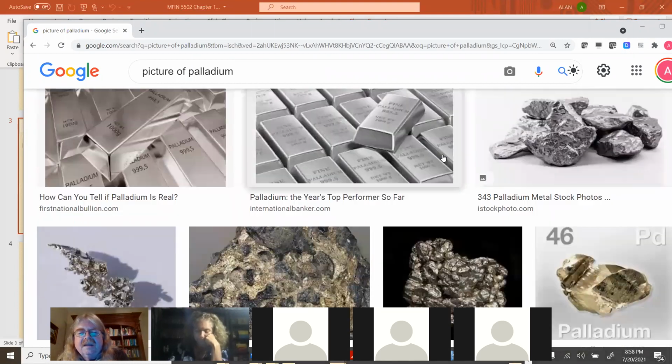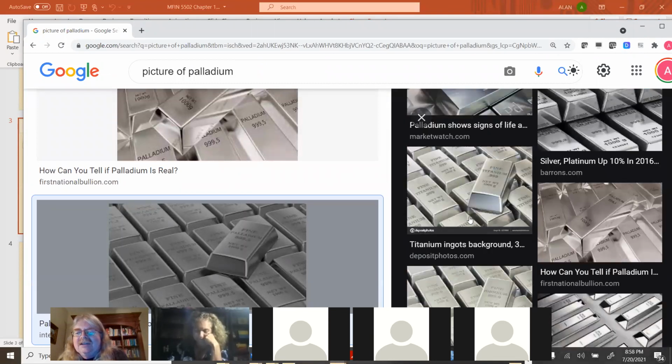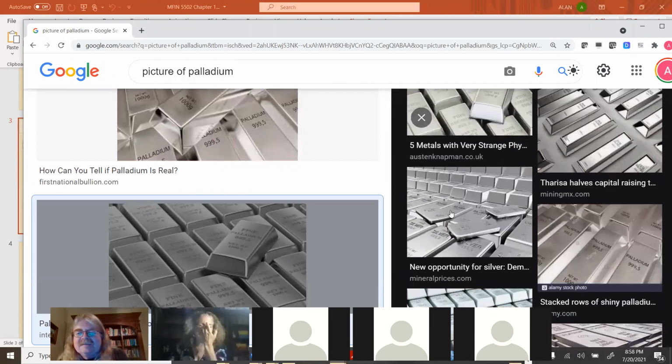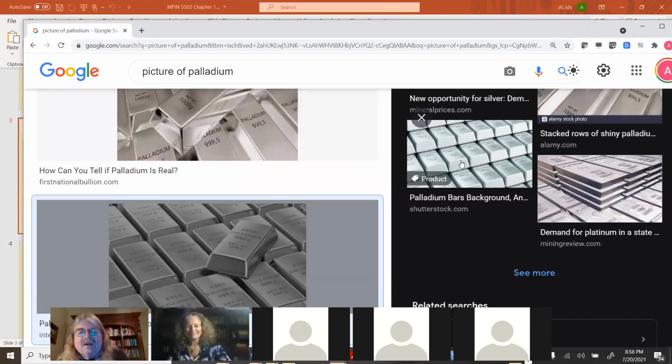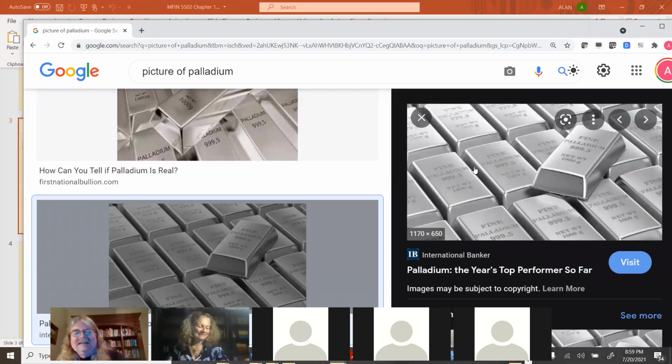So, there we go. These lovely bars of palladium, fine palladium, 9995 pure. You can only dream, can't you? Imagine yourself rolling around in all these bars of palladium. If you were insanely rich, you could do that if you wanted to. That might be fun.